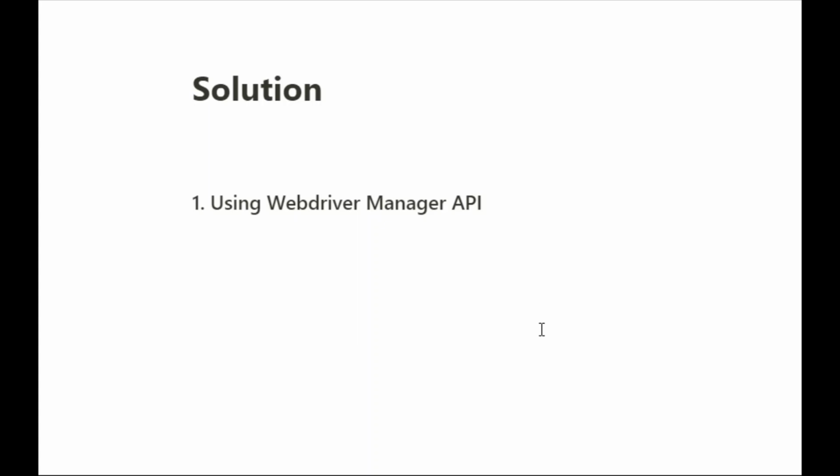If you're using WebDriver Manager API, you do not have to use System.setProperty. How exactly does it work? If you see the top right corner right now, I have already made a video on WebDriver Manager API, so you can look into that video to see from scratch how exactly it works.